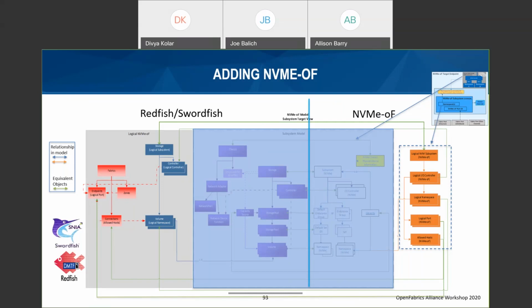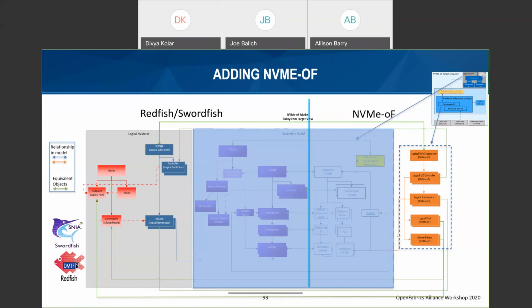And those are all constructed using the underlying resources. For example, a logical NVMe over Fabrics namespace is constructed using some of the underlying namespaces. So basically, like Phil said, an NVMe over Fabrics subsystem is an abstraction over the underlying NVMe so that it can be exported and the remote NVMe host or initiator can access it. We can see that we have the corresponding mappings into the Redfish and Swordfish world.